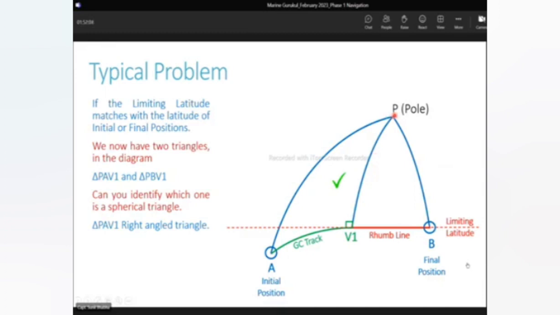The solution is quite similar to the one which we had done earlier. We will first solve the spherical triangle PAV1 using Napier's rule.